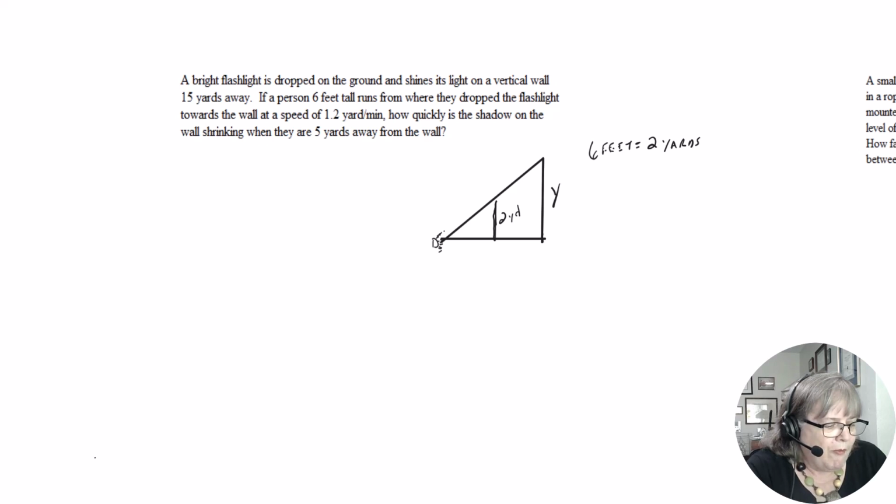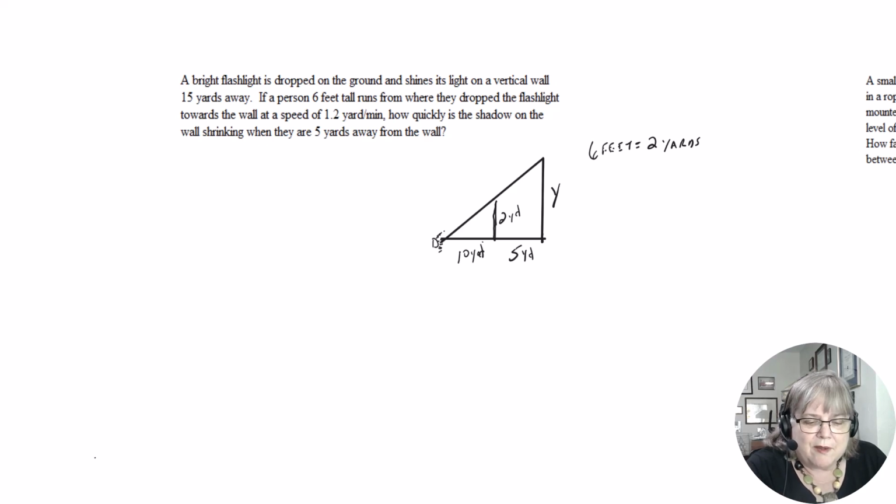Now let's start off with a concrete example. So this says that you are 5 yards away from the wall, and originally the flashlight was dropped 15 yards away, so this is 10 yards.